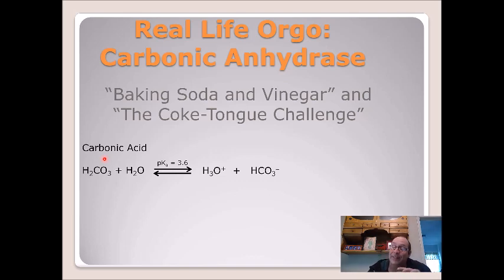It also means that the reverse process, the reaction of bicarbonate with acid, has an equilibrium constant of 10 to the positive 3.6, so almost 10,000. So it's very favorable in that direction, which is why, when we react bicarbonate with vinegar, we get the formation of carbonic acid.